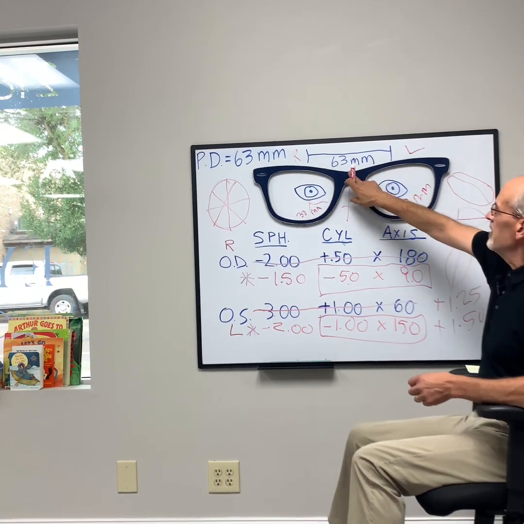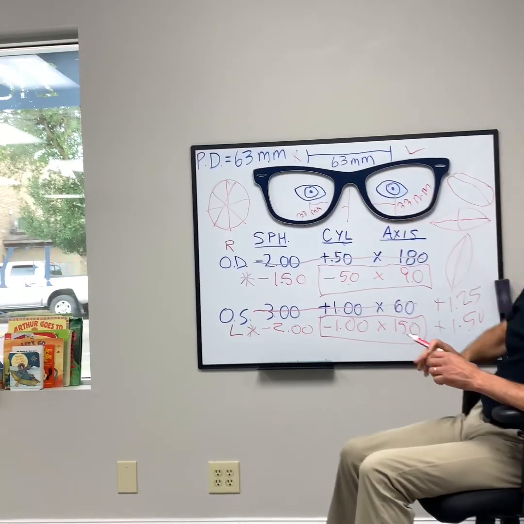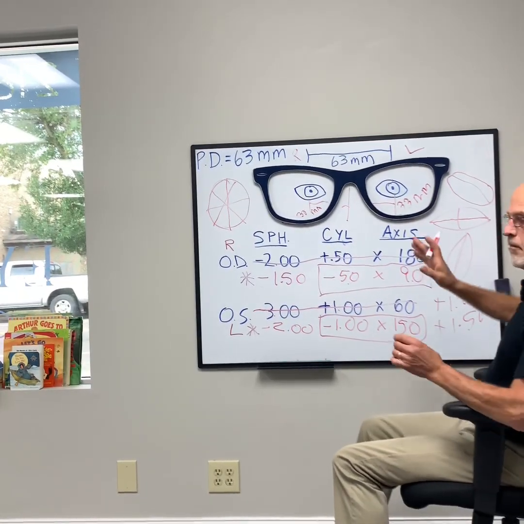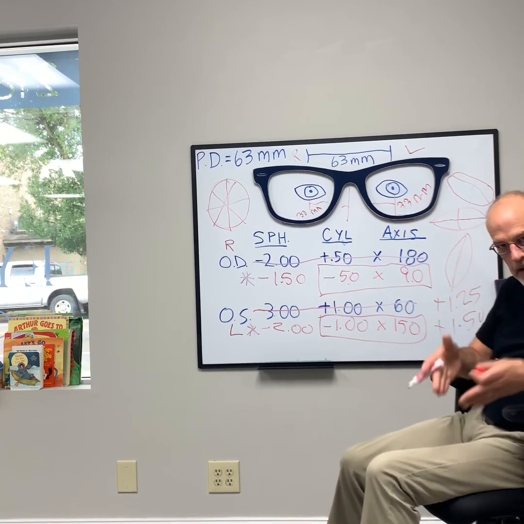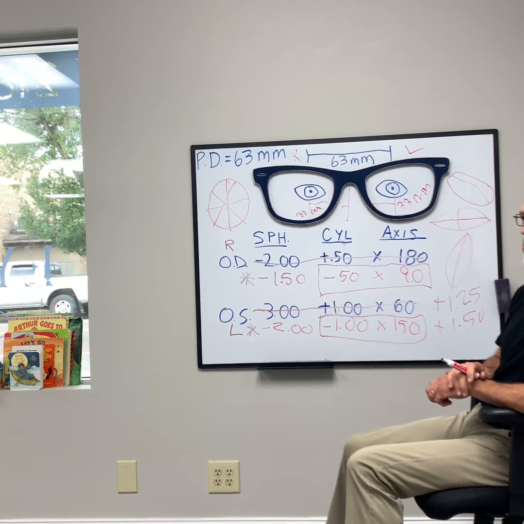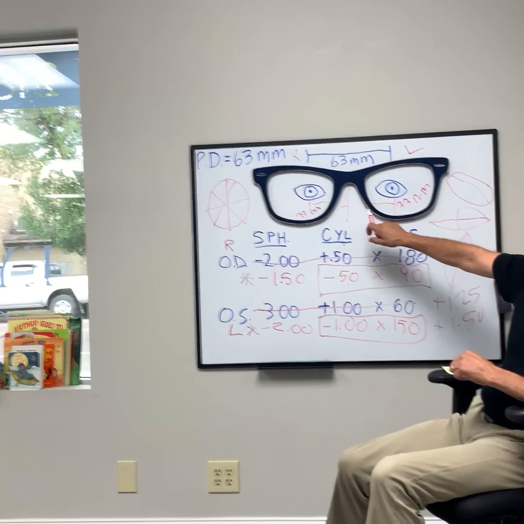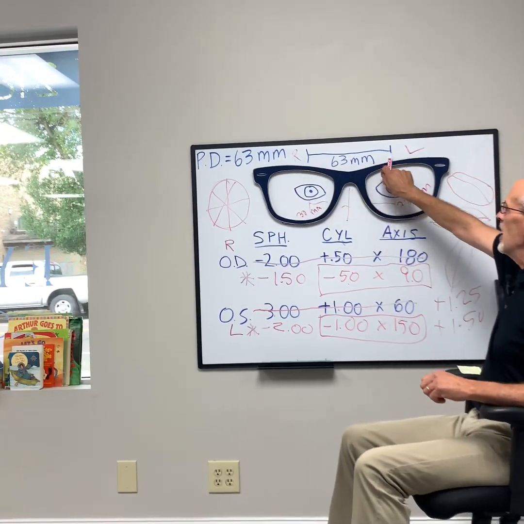So it does equal 63, but if I don't do monocular PDs, my bifocals aren't going to line up. The optical center of the distance isn't going to line up. Very important that we do monocular PDs, not binocular.